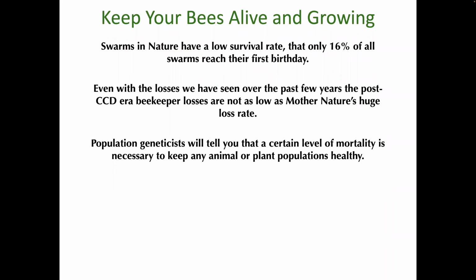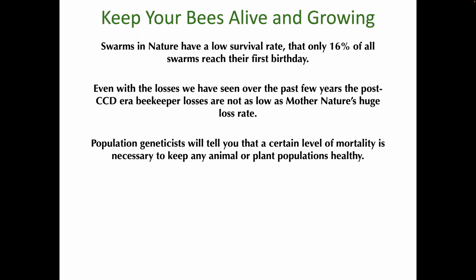Now, I had a friend here in Michigan contact me today, and she asked, "What is that number? The number of swarms that survived to be a year old?" And I get that from Tom Seeley's book, Honeybee Ecology.